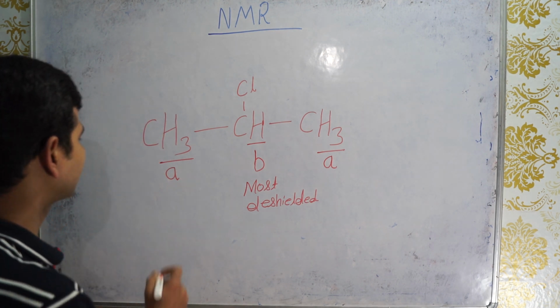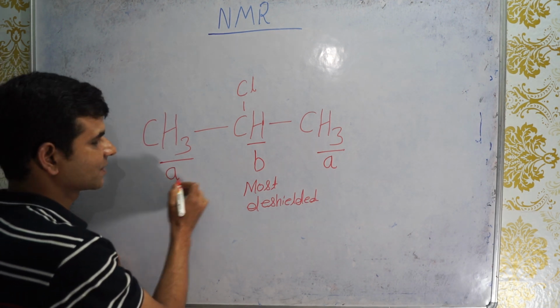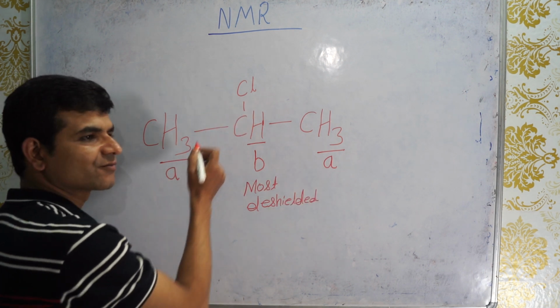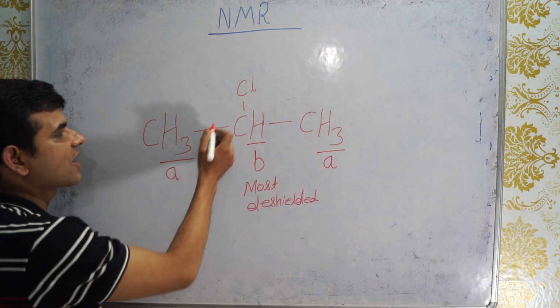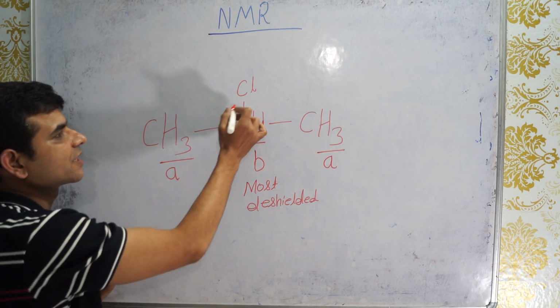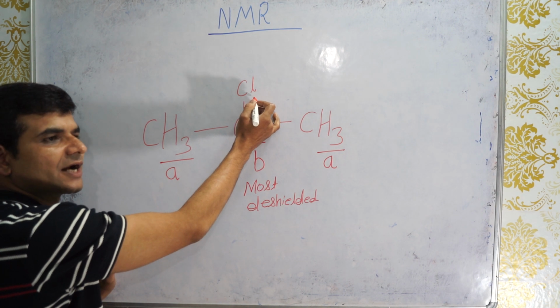But type A hydrogen atoms are far from the electronegative chlorine atom.